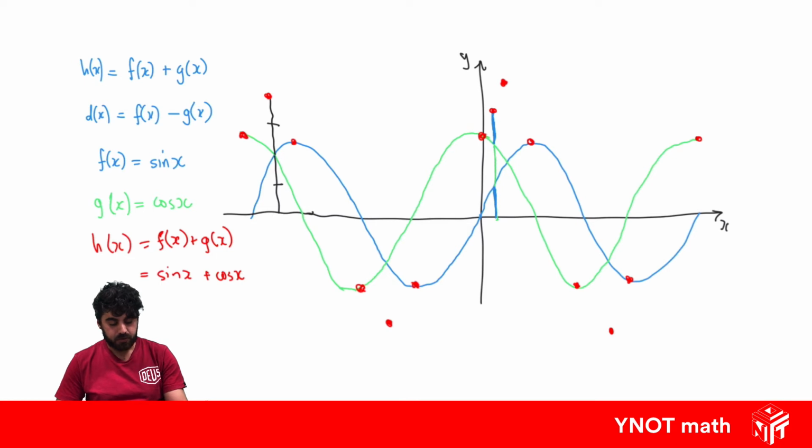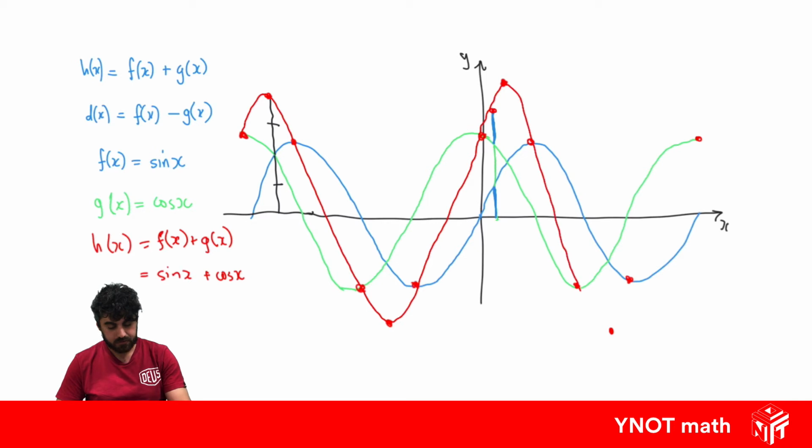And we should have enough now to continue the pattern, because we can see that the addition should just be something like this. And that's the addition of sine x and cos x.